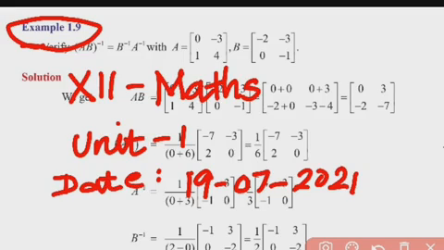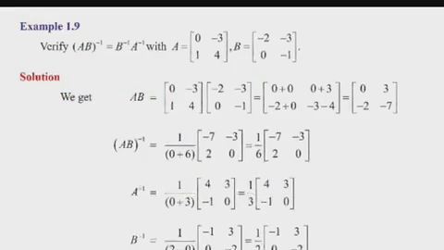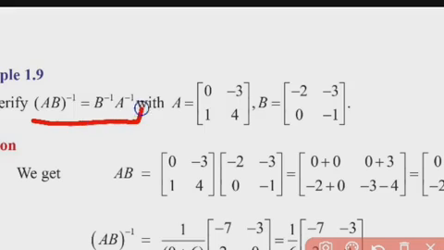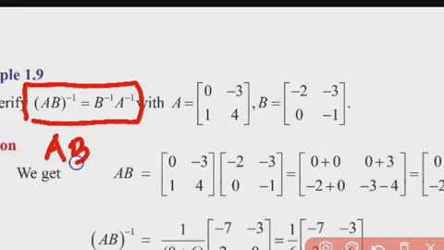Example 1.9. Verify (AB) whole inverse equal to B inverse into A inverse. First we have to find the A into B matrix, then find its whole inverse, not transpose, whole inverse.